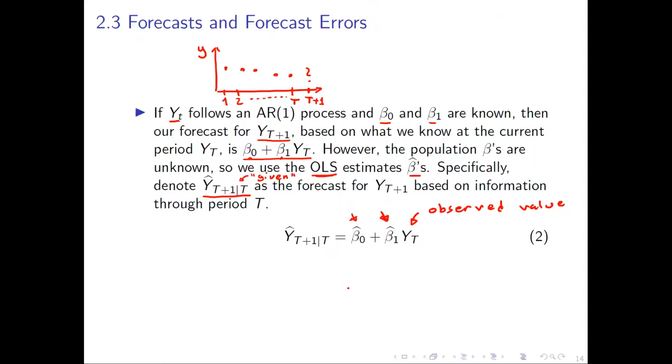And let's say that this beta naught is 10 and the beta 1 is 0.9, and Y_T was, for example, a stock price, and it was 50, right? So then you would have 45 plus 10 equals 55.